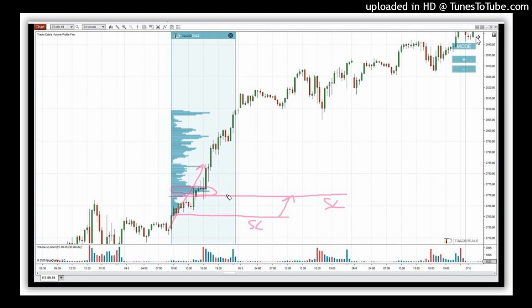And that's where I would take the stop loss. Right there. This is where the long position would end if you used the volume profile to trail your stop loss.